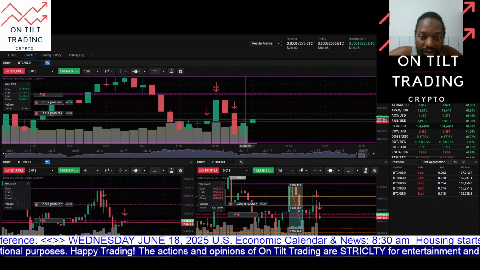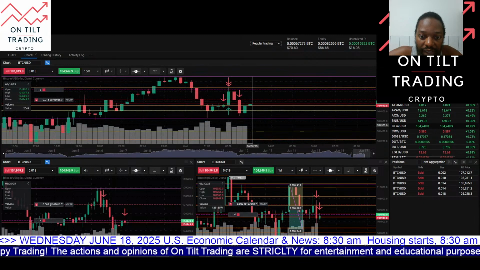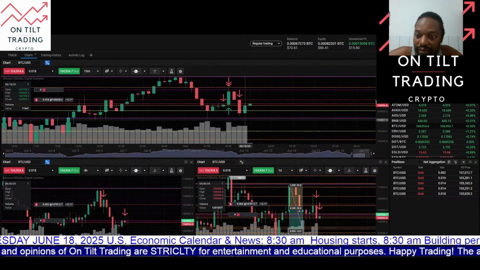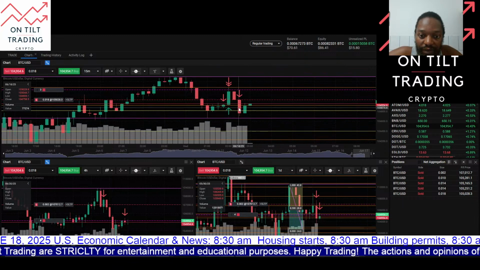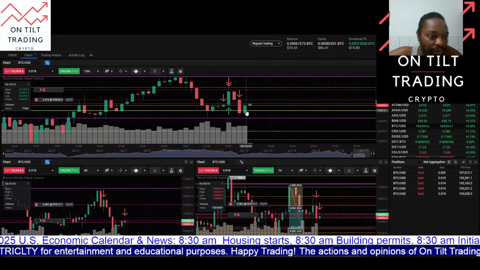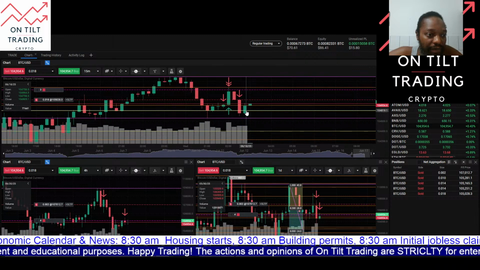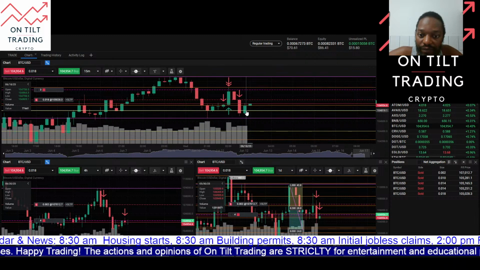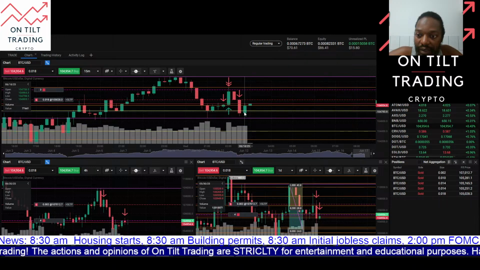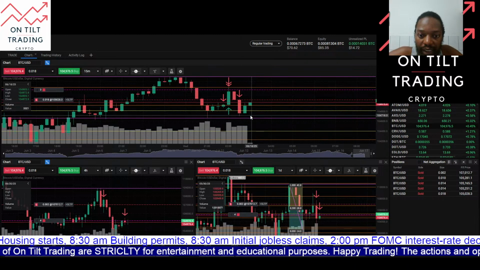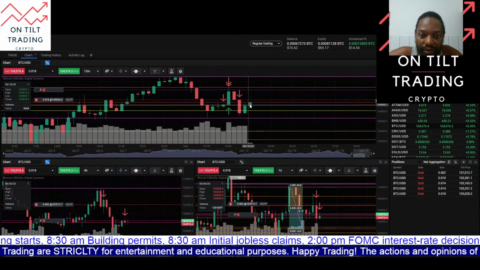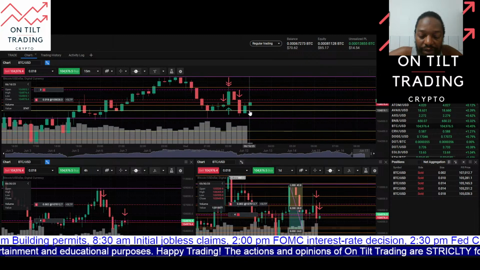Now we're getting a test of the high of that candle. We'll see if there'll be any potential continuation here, with the high being 104,964.3. So very high, and now a new 15-minute high has been put in.